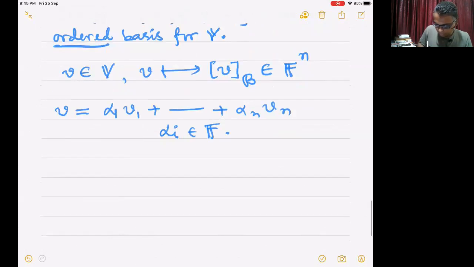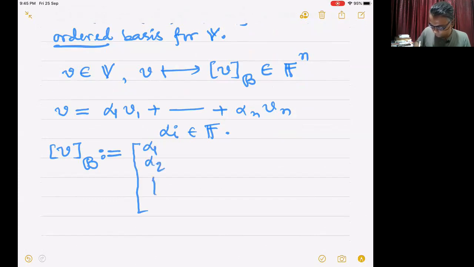From the ordered basis, v_B is by definition the n-tuple that we obtain by stacking the coefficients. So this is how the identification works.